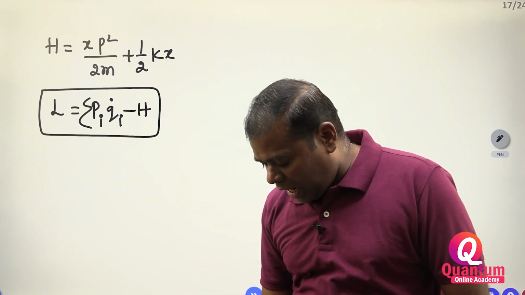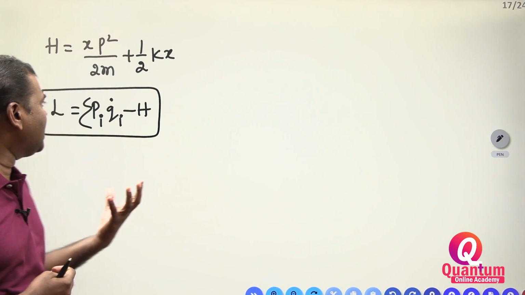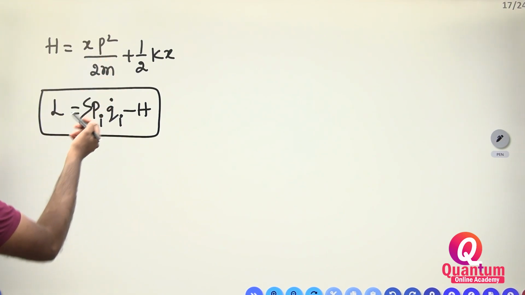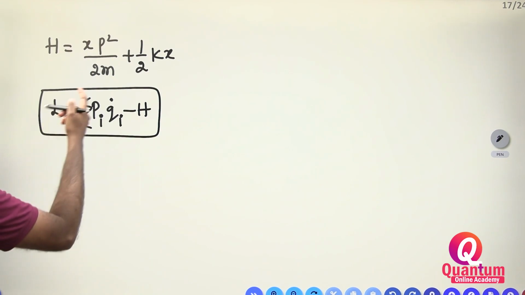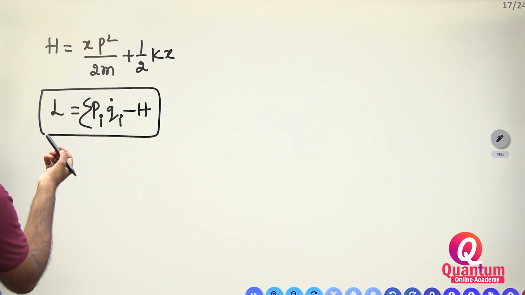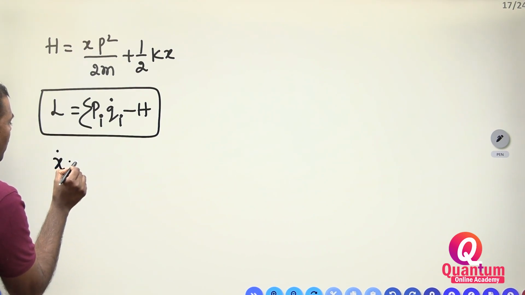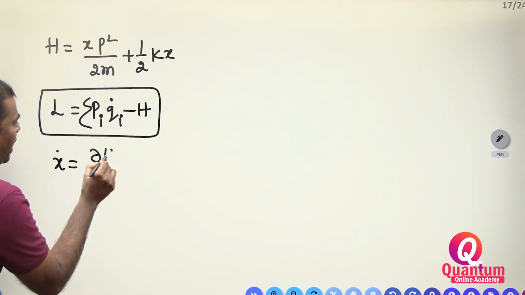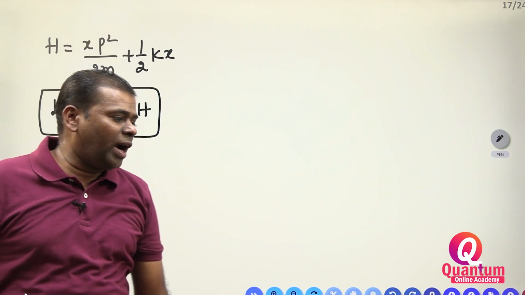From this formula, how we have to calculate, once you have to see. First, we have to calculate this one. First, Lagrangian we need to calculate. Here Q is equal to X. X dot we have to calculate. X dot is equal to dou H by dou P. X dot is equal to which one we have to write?